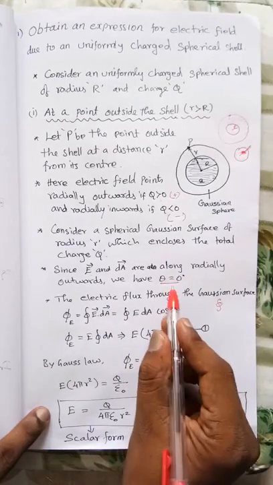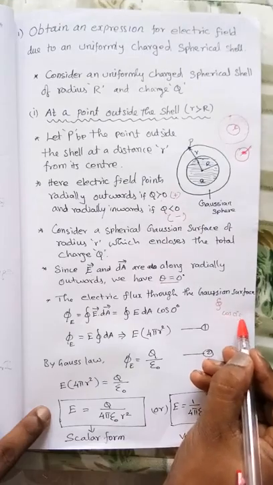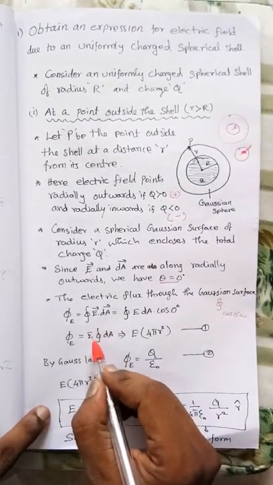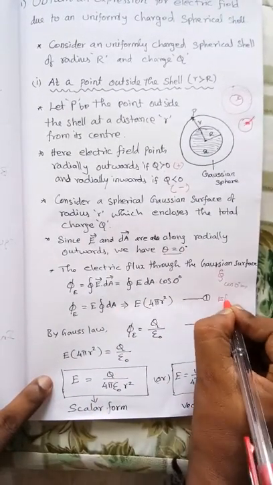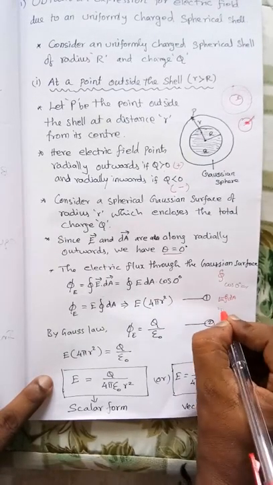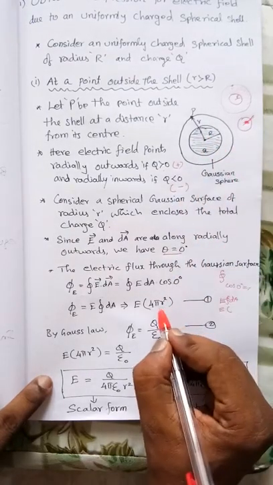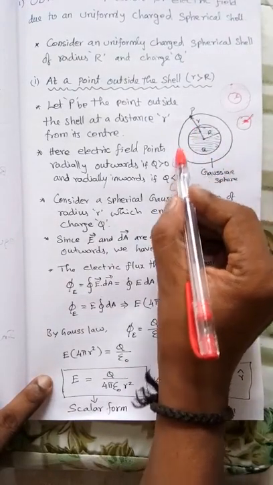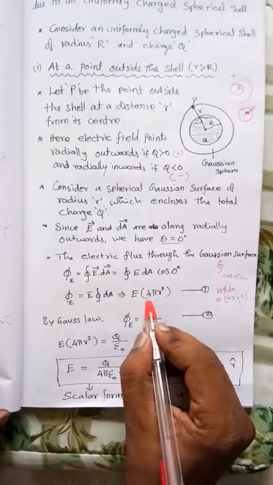Theta is 0, so cos 0 is 1, giving the closed integral of E dA. Take E outside, and the integral of dA over the closed surface is the area of the sphere, 4 pi r squared, since the Gaussian surface has radius small r. So flux equals E times 4 pi r squared.